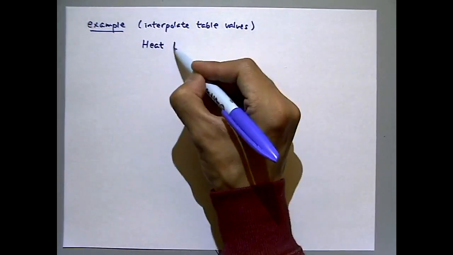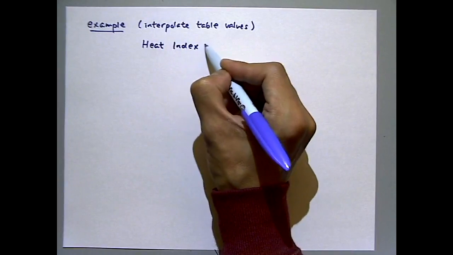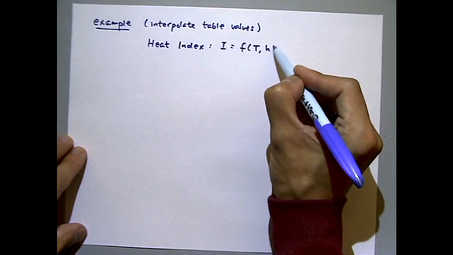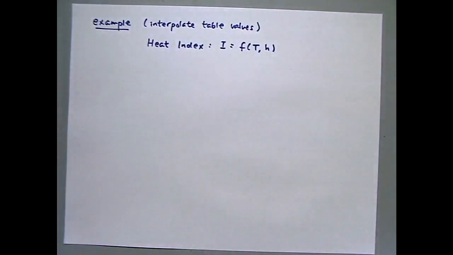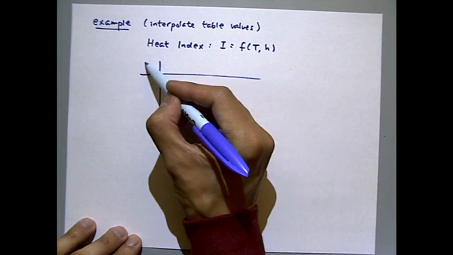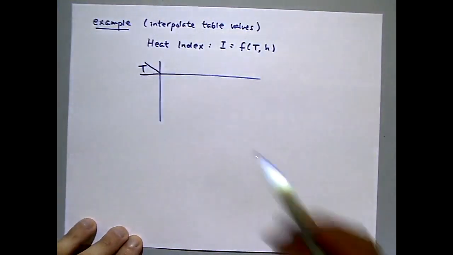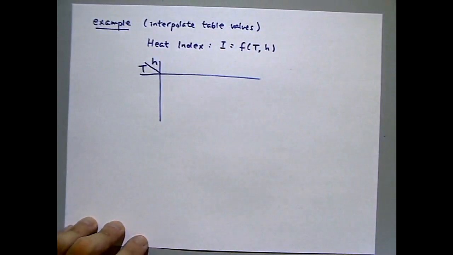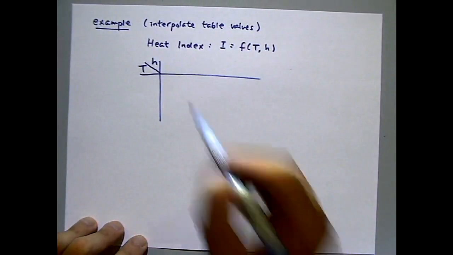Let me bring back my heat index example again. It's a function of the air temperature and the humidity. And I'm just going to use a portion of this table.